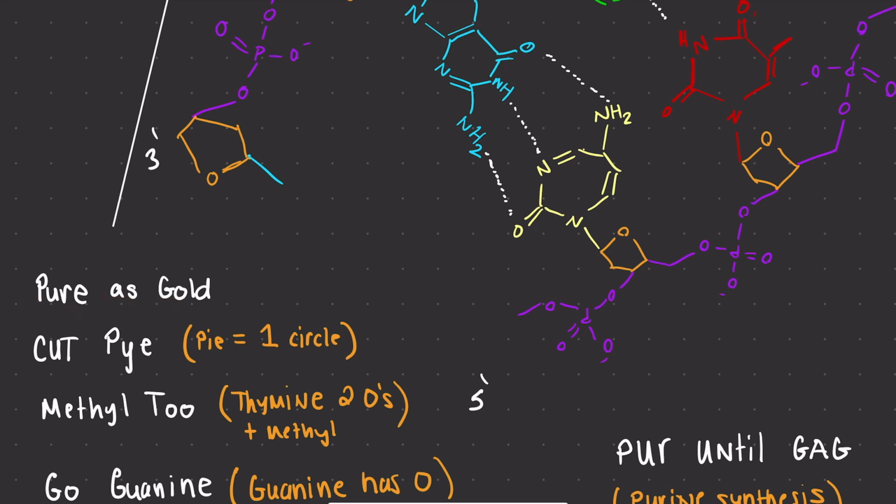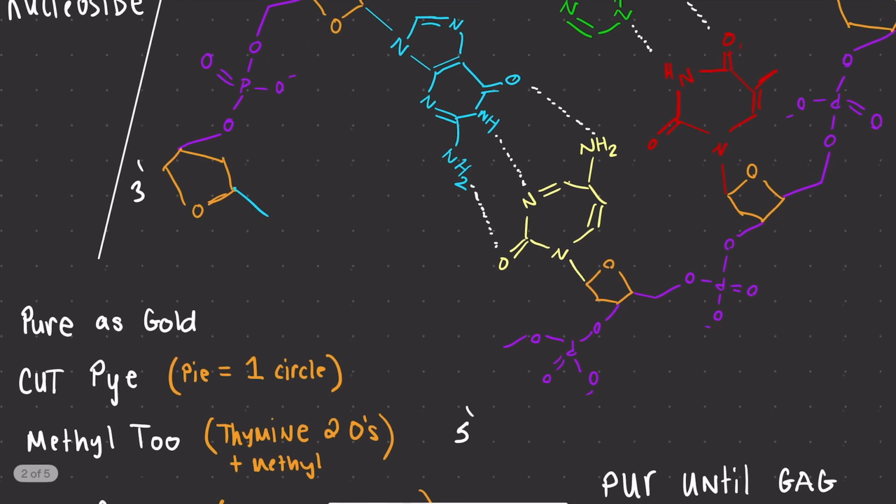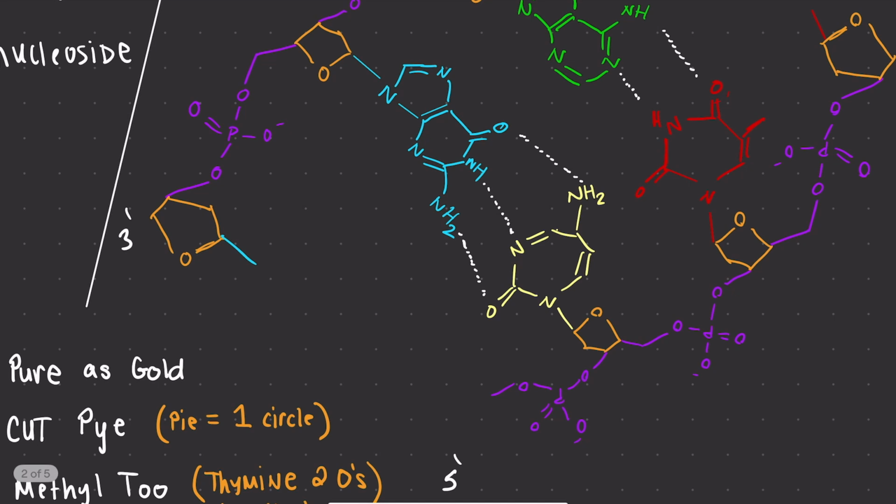But I can't remember what a purine even is. So I go to the next memory device, and I know that "cut the pi" means that we are cutting a pi, and pi is just one circle, so it has to be either this one or this one, and that pi is very similar to pyrimidine. So you have 2 pyrimidines here, and they are represented by one circle.